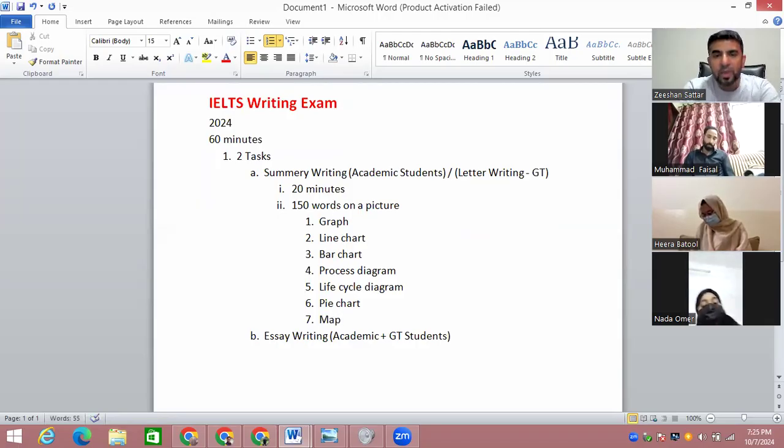So now in the IELTS writing exam, for task number one, the students are provided with 20 minutes. And in these 20 minutes, they have to write 150 words at minimum on a picture.